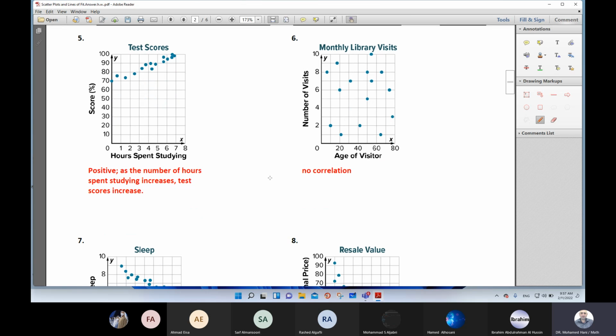In this example here, we have increases in x and also increases in y. So we have positive. So as the number of hours spent studying increases, test scores increase. As you see here, no related. So no correlation.